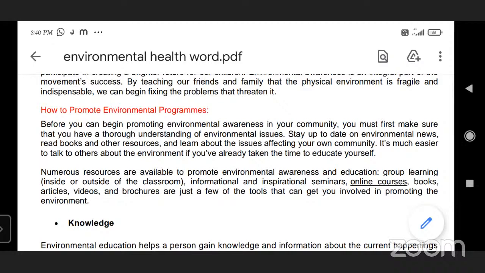So these are several ways to promote environmental education, the environmental importance, and the environmental objectives or aims.